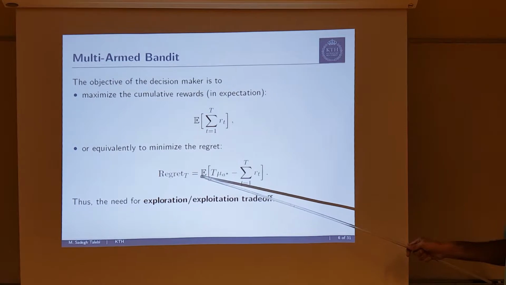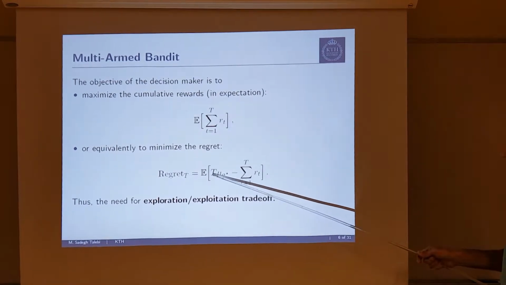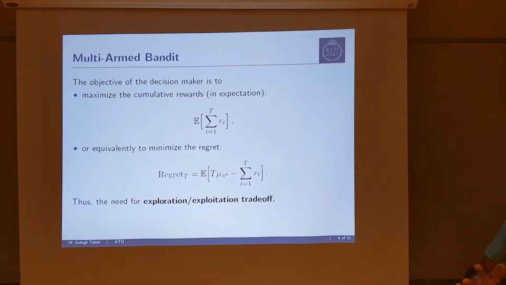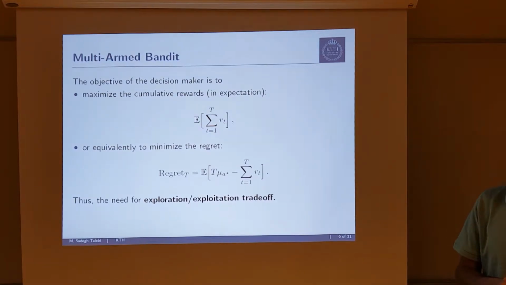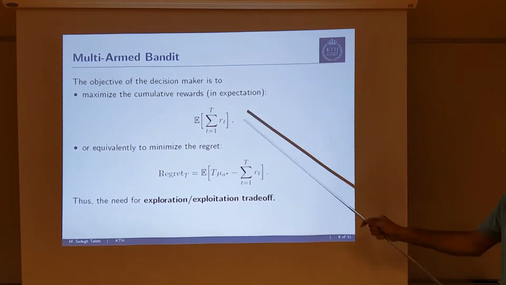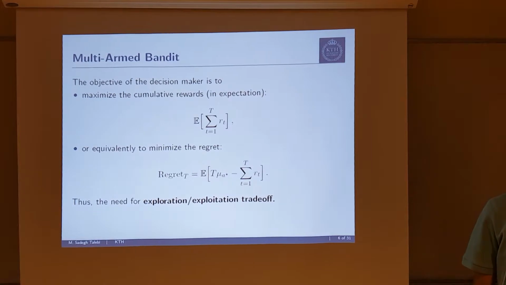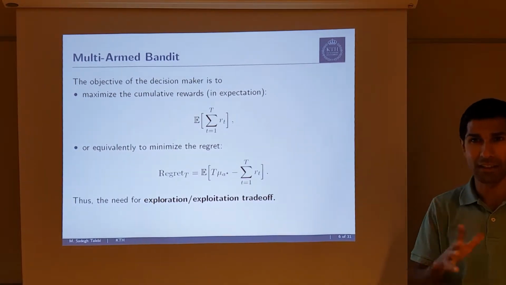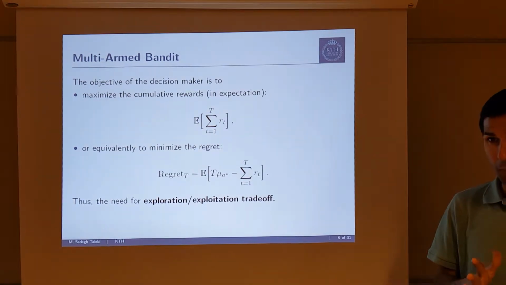You can bring it outside of the expected value. So t mu of A star is what you would get on average under an optimal algorithm, or equivalently under the case that the environment is known. And this value is what you would get when you don't know anything. So in that sense, the notion of regret is a very fine performance measure.